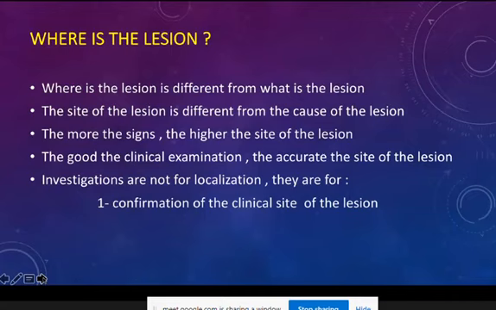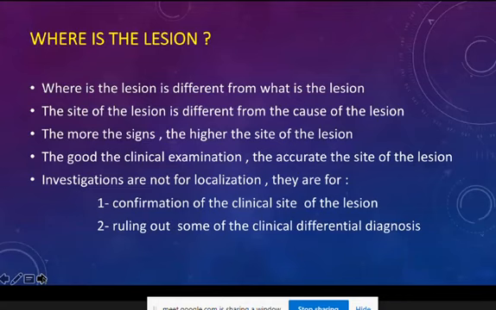So the investigations, number one, are for confirmation of the clinical site of the lesion. Number two, ruling out other clinical differential diagnoses. If I say differential diagnoses are 1, 2, 3, for example a patient with headache and bilateral papilledema, in this case the MRI scan is not to confirm the clinical site of the lesion, it's to rule out the other possibilities.